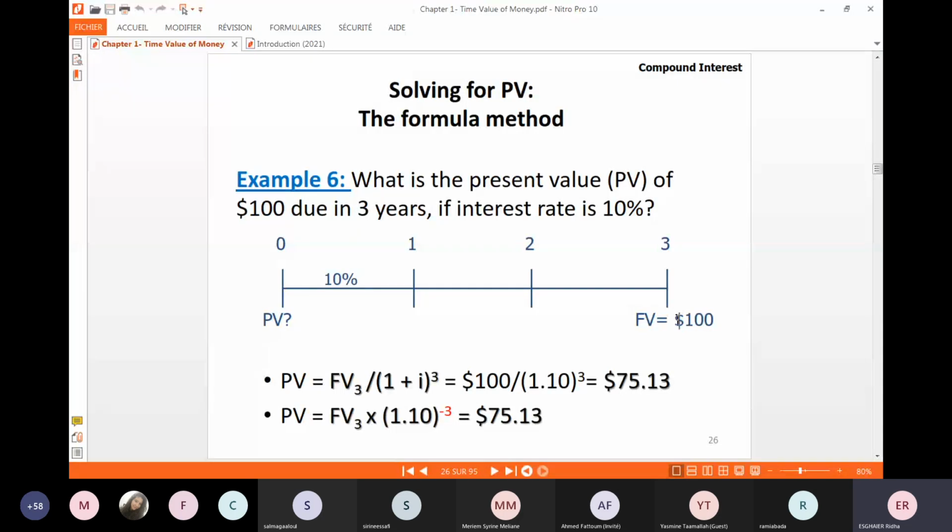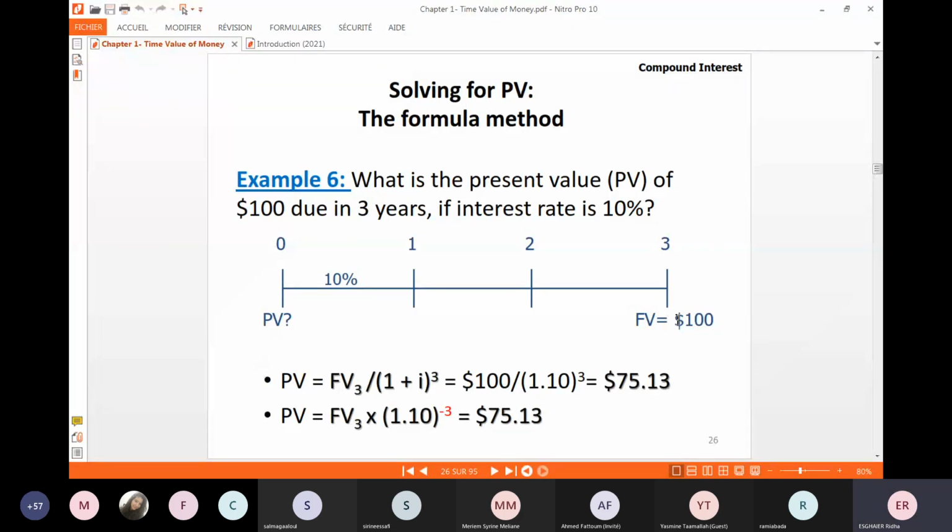What is the amount that will make you indifferent between receiving $100 3 years from now or an amount today? The amount today that replaces the 100 is 75.13, because 75.13 today invested at 10%, which is the interest rate available in the market, will allow you to get the 100 3 years from now.